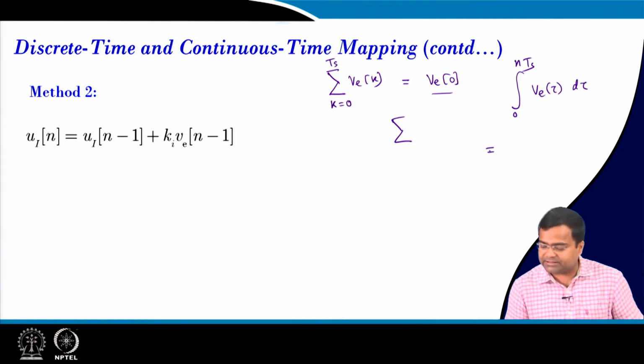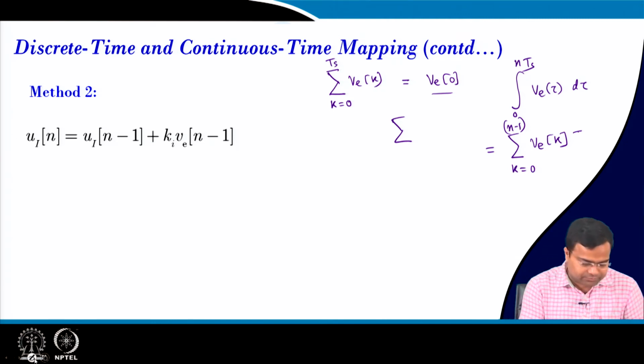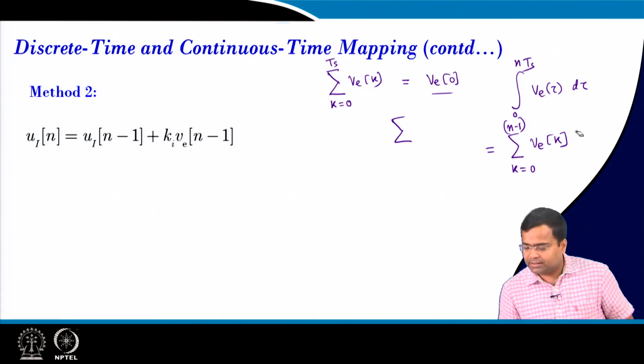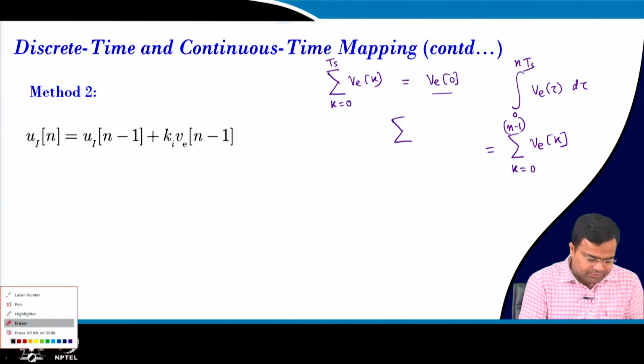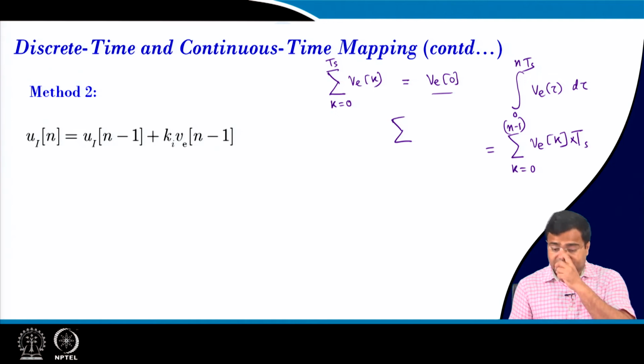So, this can be represented by the sum for k equal to 0 to n minus 1, then it will be simply V of k times ts. So, this is using the forward difference method.